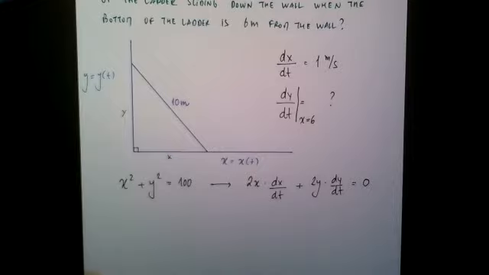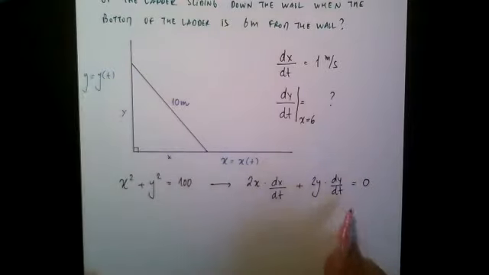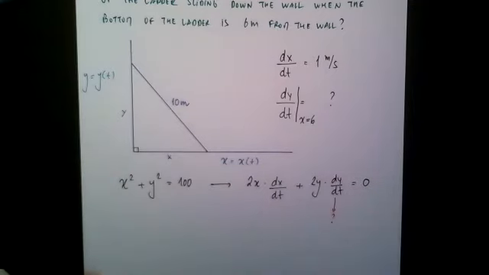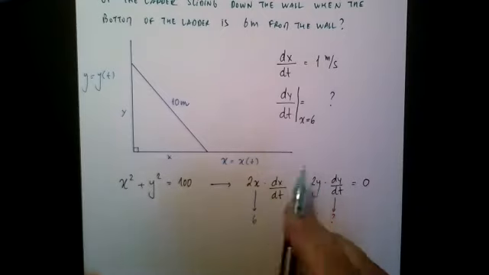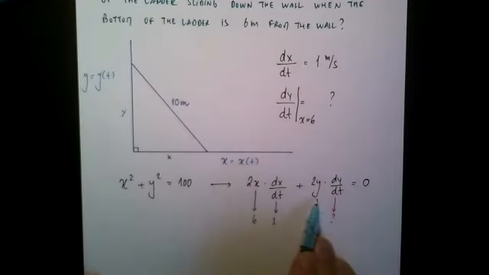Okay, so what do I have here? Well, dy/dt is what I'm looking for. x, I know it's 6. dx/dt, I know it's 1. The only thing I'm missing is y. If I have y, I could find dy/dt, and I'm going to have my answer. How do I find y?